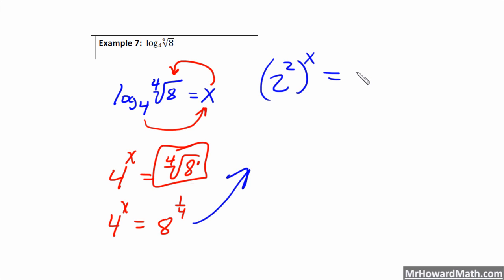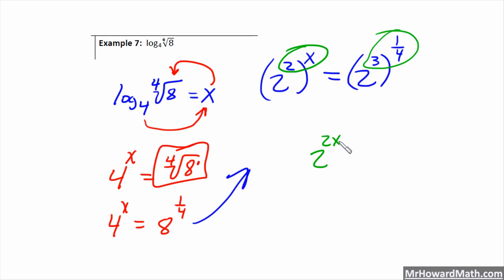That is equivalent to 8 is 2 cubed still raised to the 1/4 power. Now we have like bases, but we still need to apply our exponent rules. So outside to inside multiplies here, outside to inside multiplies here. So 2 raised to the 2x power is equal to 2 raised to the 3/4 power. 2 times x, 2x. 3 times 1/4, 3/4.